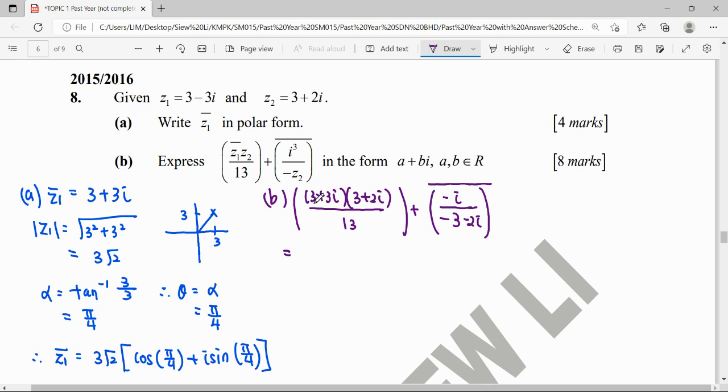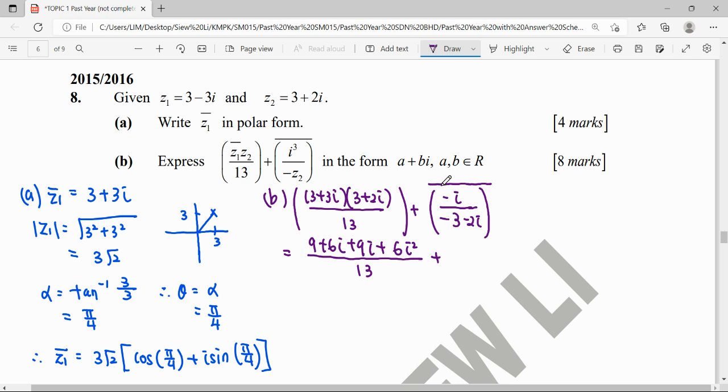So for this part, we're going to expand one by one. 3 with 3, 9. Then 3 with 2, 6i. Then 3i with 3, 9i. And then 3i with 2i, 6i squared. Divide by 13.